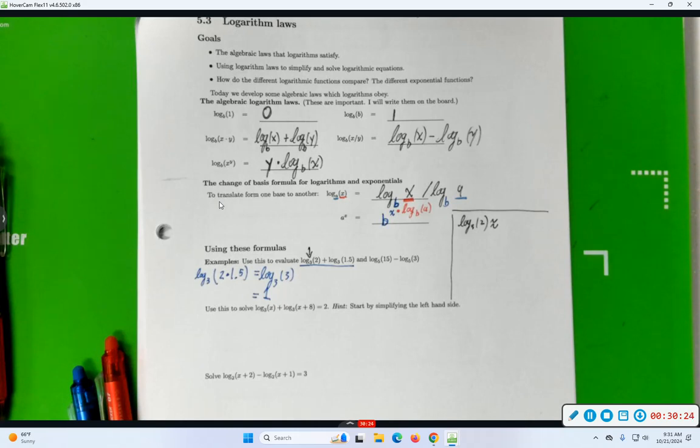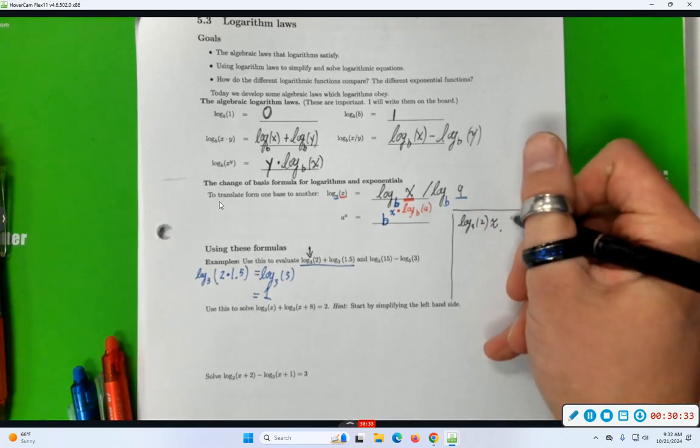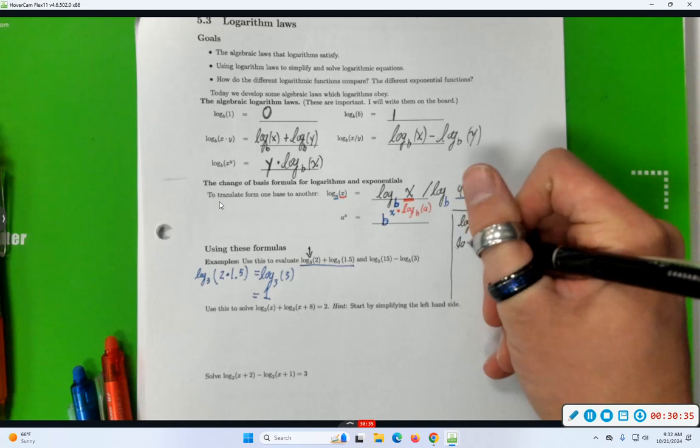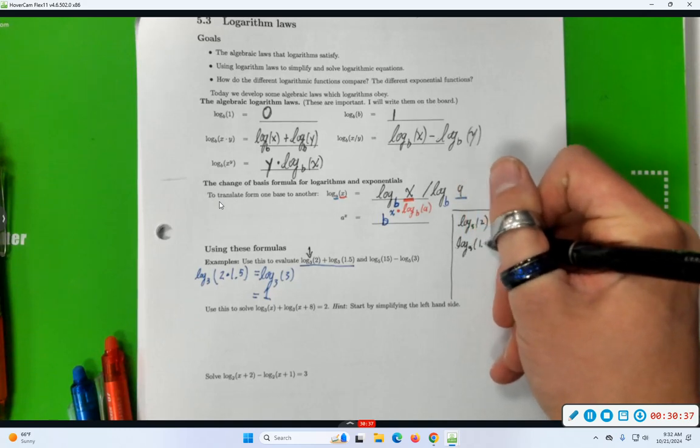Give me like just up to the 10th place. 0.6. What about the log base 3 of 1.5?